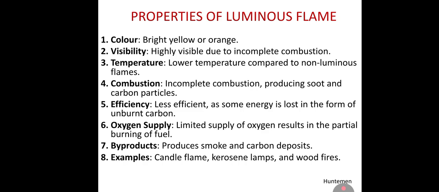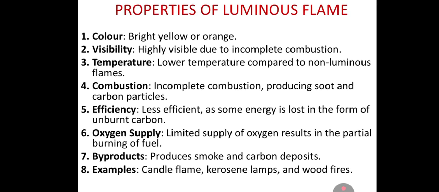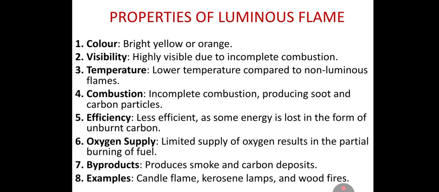Properties of luminous flame. The properties of luminous flame are discussed under the following subtopics. We have the first heading: color, visibility, temperature, combustion, efficiency, oxygen supply, byproduct, and examples of luminous flames.